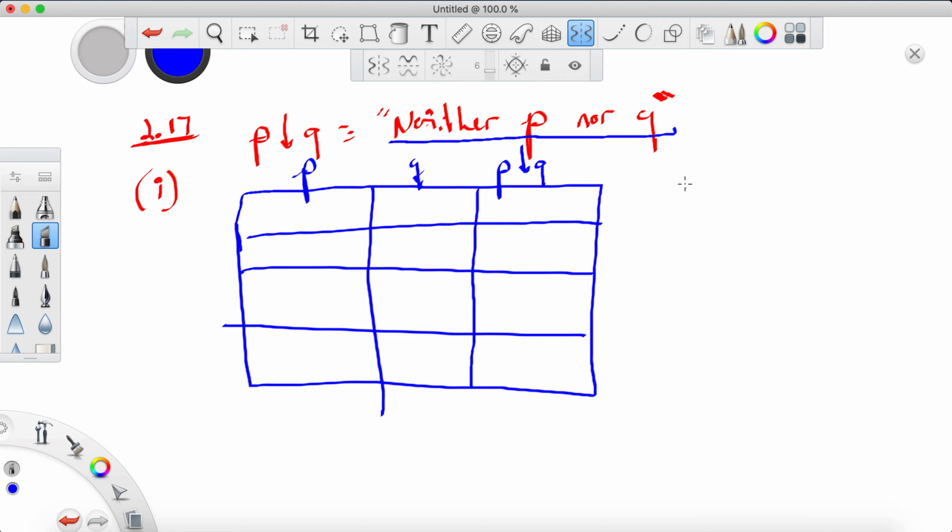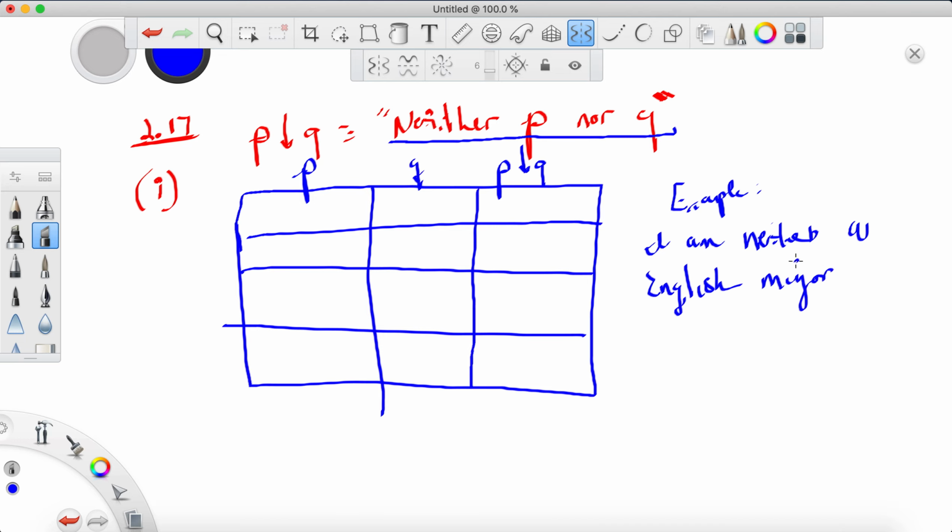As an example to motivate this: I am neither an English major, nor am I 5 years old. Okay, so this statement is true.